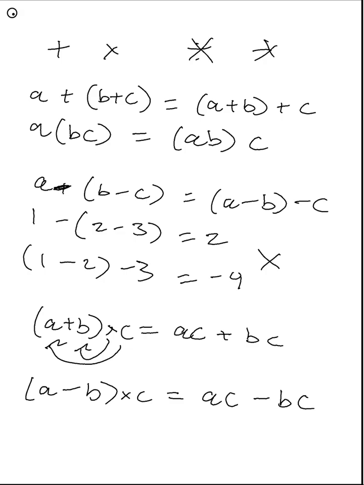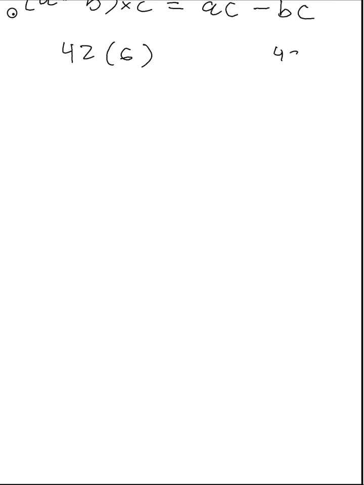Let's see an example of why this is useful, because you might be thinking, if you just keep rearranging this stuff, how is that going to help us? So I'll tell you exactly how. Let's say I want to do 42 times 6. Although one can do a long multiplication with 42 and 6, you can actually break this down.